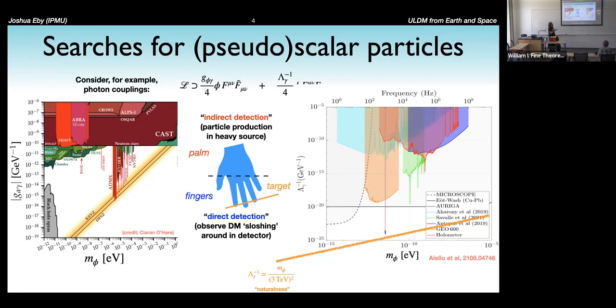In the scalar case, there are also direct searches. This is from things like atomic physics probes looking for variation of fundamental constants. I'll talk about that a little bit later on, but you can think of these things as the direct searches. And you see that for scalar couplings, the direct searches don't even reach below the indirect searches because the indirect searches are so strong.